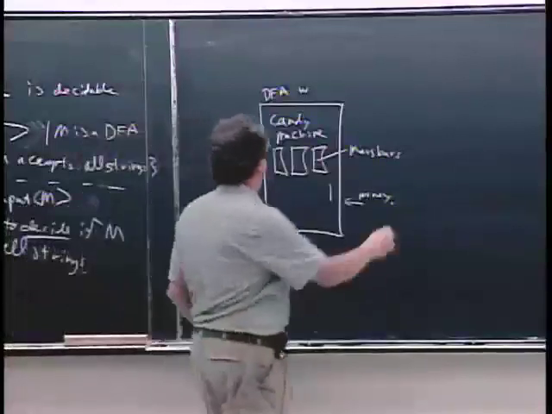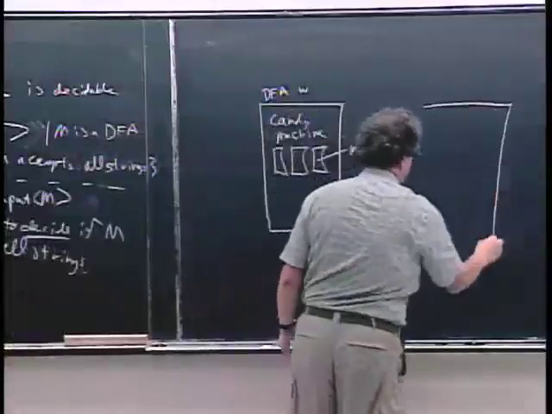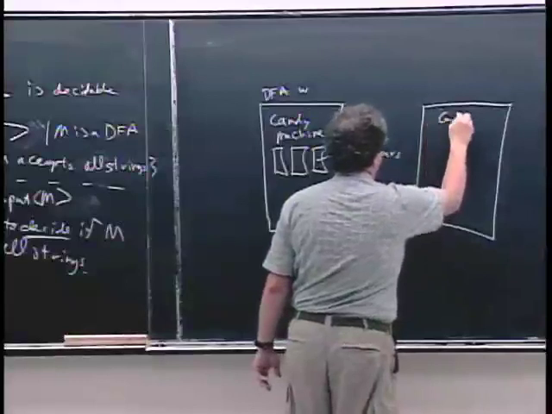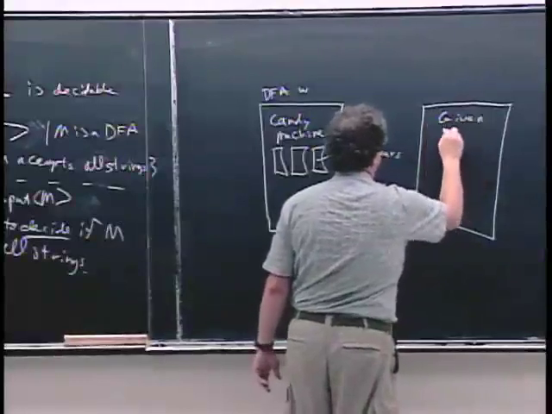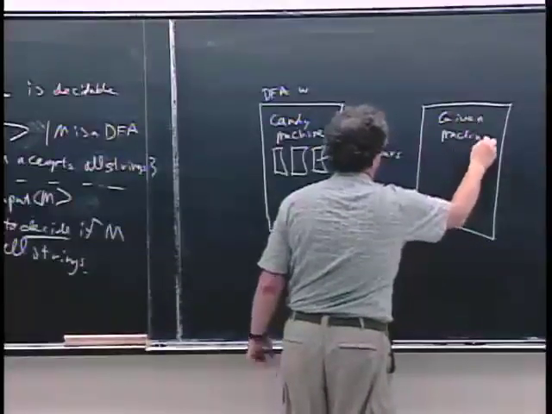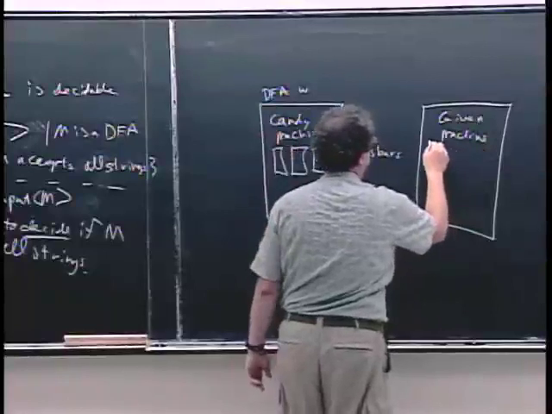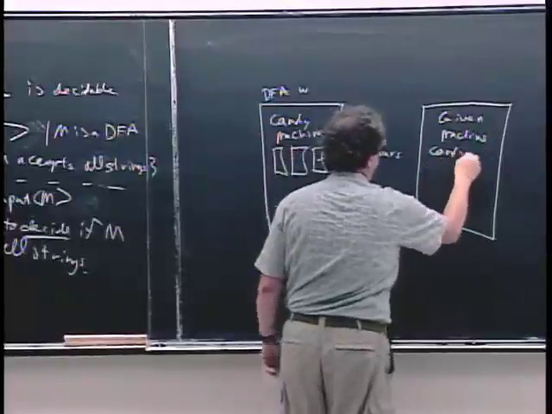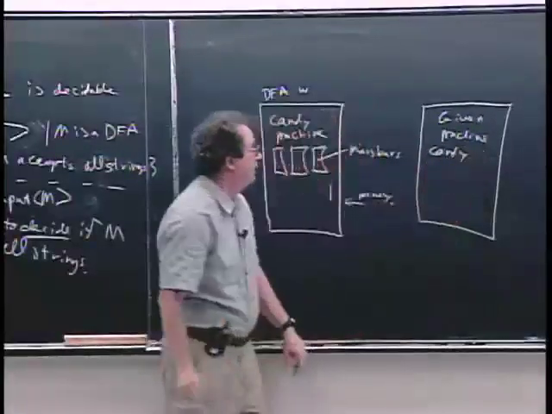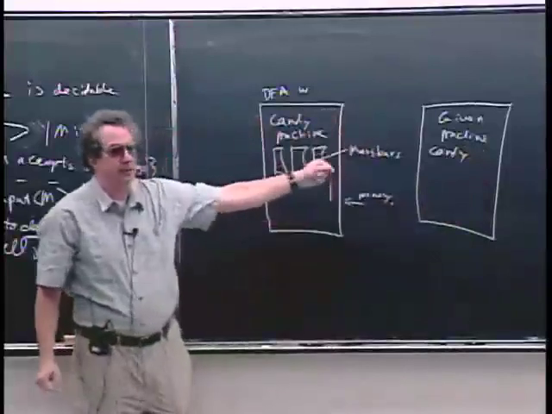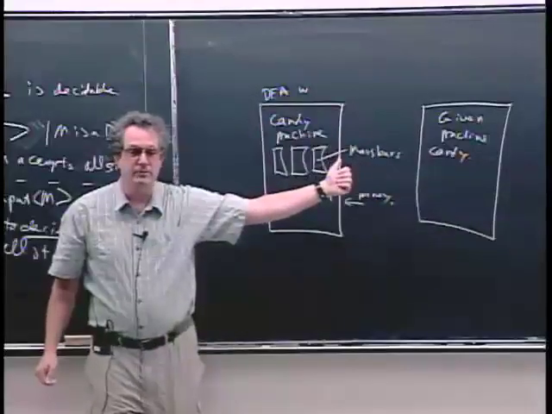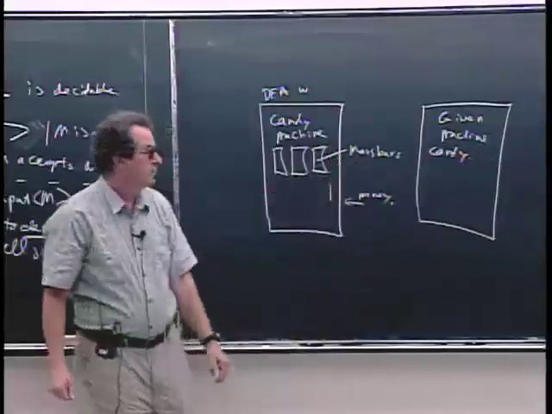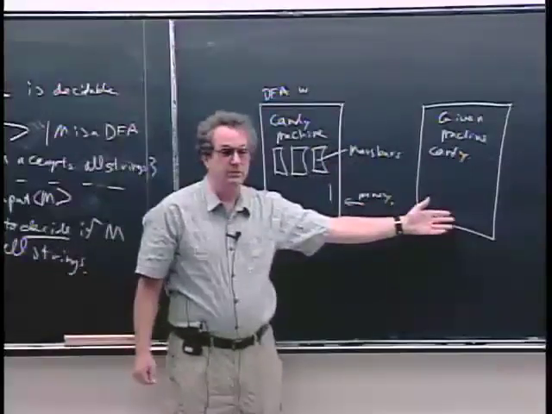But we could have another question, which is you're just given the machine. That is, you're given the candy machine, or machine candy if you speak French. You're given the candy machine, and you're asked, will this machine always work?